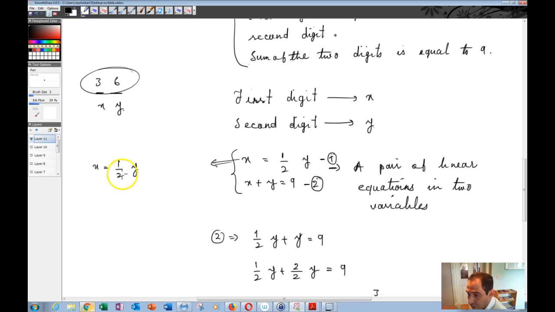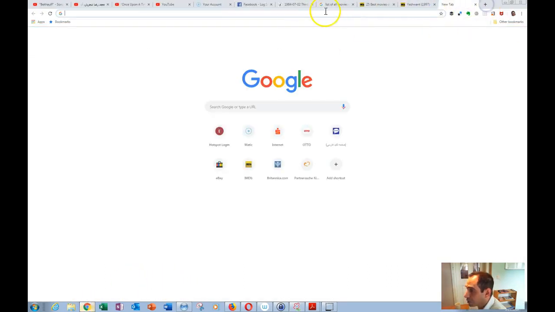So you would multiply both sides of this equation by 2, you would get 2x is equal to y, so y is equal to 2x. This way you can graph the equation easily. So then y is equal to 2x would be something like this.